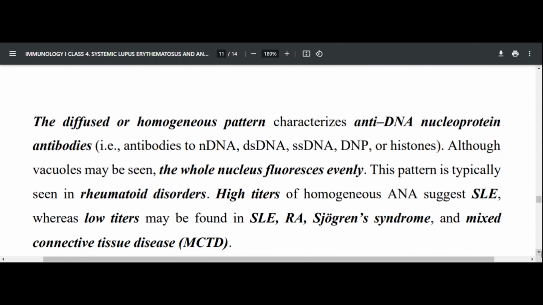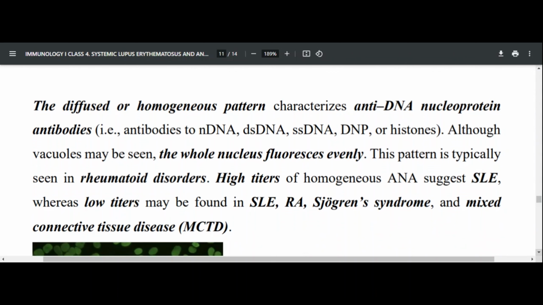The diffuse or homogeneous pattern is characteristic of anti-DNA nucleoprotein antibody, which means antibodies to native DNA or double-stranded DNA, antibodies against single-stranded DNA, antibodies against deoxyribonucleoprotein, as well as antibodies against histones.